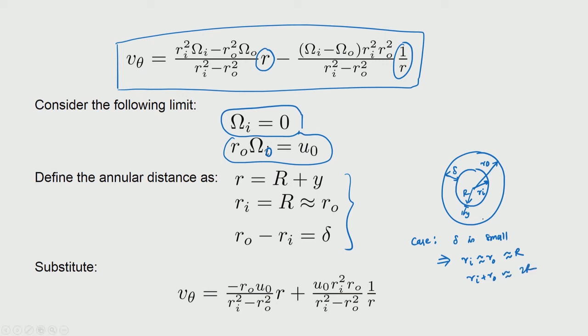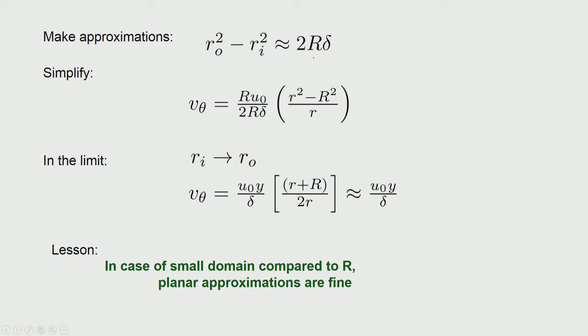So, we make those simplifications and look at how the v theta is varying. We just straight away plug in and then get this equation and then simplify this. In the denominator r I square minus r o square, you write it as r I plus r o into r I minus r o. Then they will be looking like 2 r into delta. So, that we write, and then the equation would look like that.